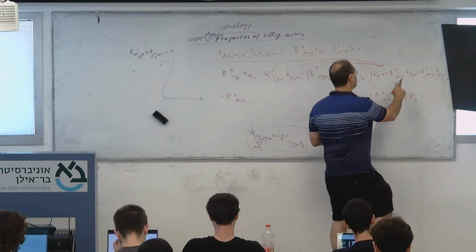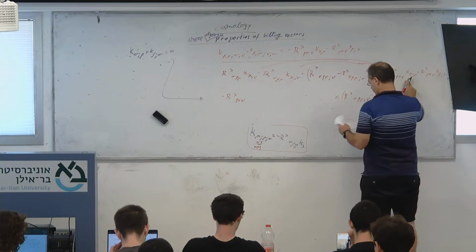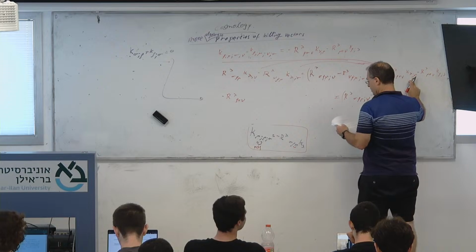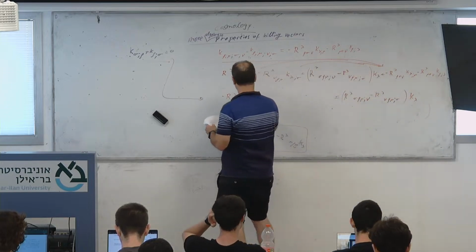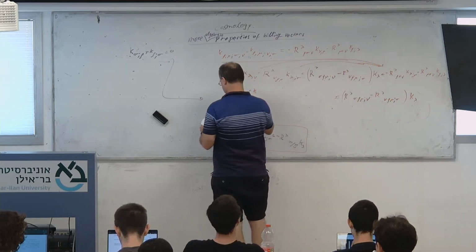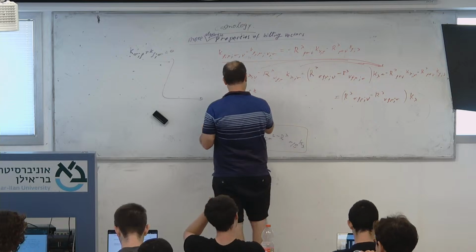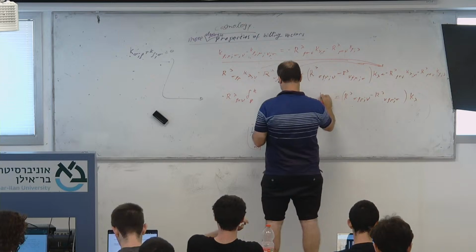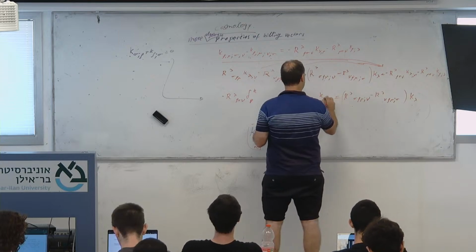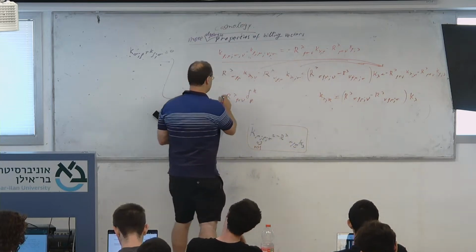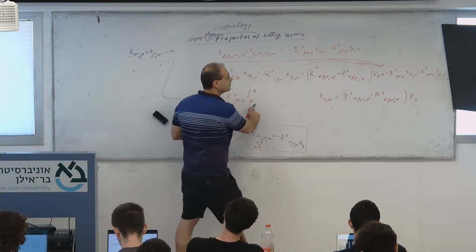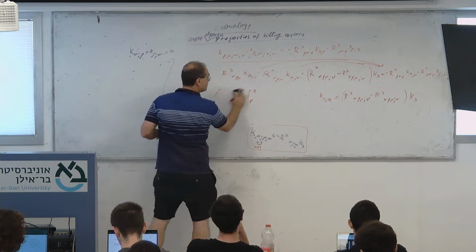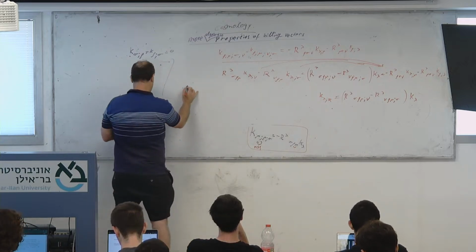I have a k mu lambda. So I write it as a delta kappa mu k lambda kappa. That's fine. Okay, I'm going to need a bit extra space, so just move it here.